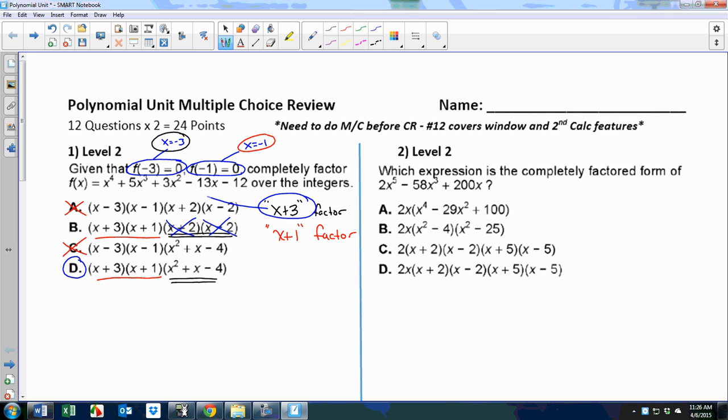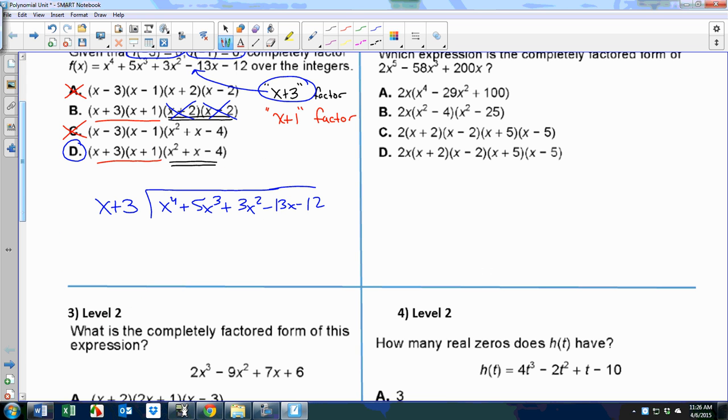If x plus 3 is a factor of this, you'll have to take x plus 3 and divide it into x to the 4th plus 5x cubed plus 3x squared minus 13x minus 12 using long division or synthetic. So I will just quickly show you synthetic one time to remind you. If x plus 3 is what you're dividing by, x minus r is what you compare it to, and r is -3.